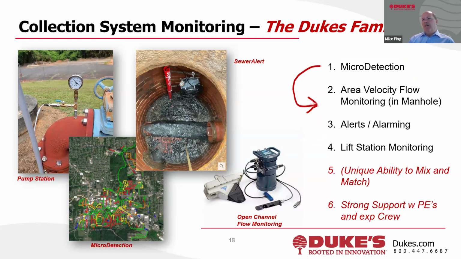Rarely is one tool going to solve every problem. So we do a lot of combining of the micro detection level only with lift station or pump station data. We use those back and forth evenly, and we do a lot of micro detection and area velocity flow monitoring. I've got a couple of examples of what those look like, and we'll touch on that towards the end here.